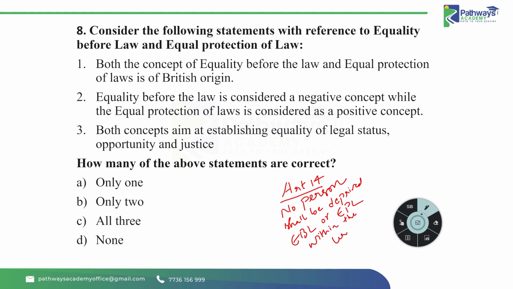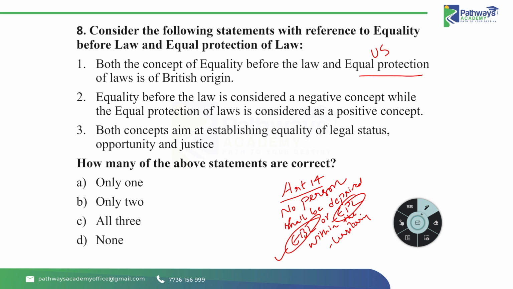So two principles have been explained here: equality before law and equal protection of law. Both the concepts are of British origin. No, sir, equality before law is British, but equal protection of law is US. Fine.